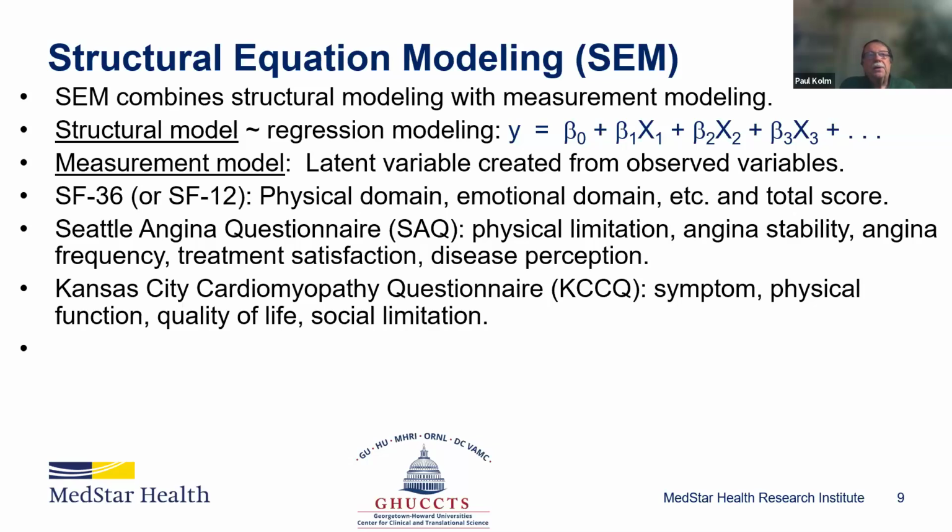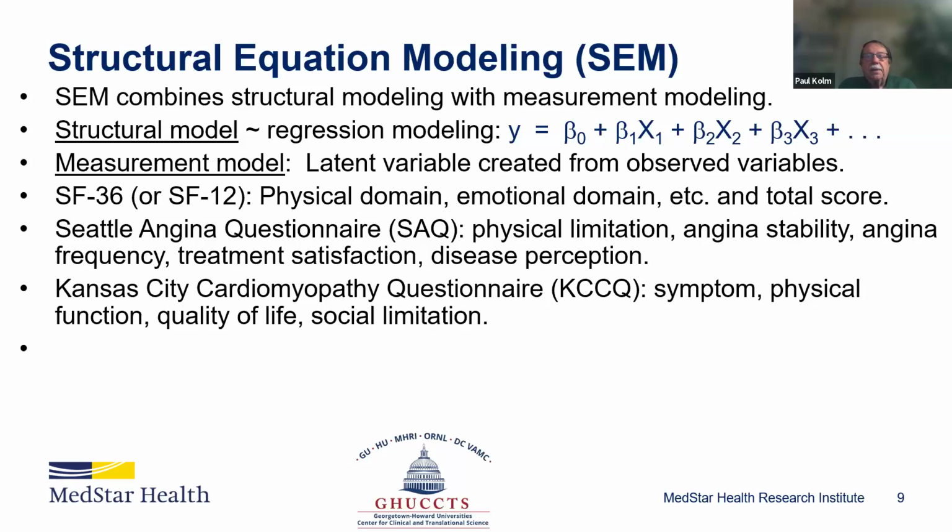And so each of these domains, physical domain, emotional domain, so on, is what we call a latent variable. That is, there are particular observed variables that go into comprising this latent variable. And another example is the cardiovascular questionnaires, the SAQ and the KCCQ, that have different domains, like for the SAQ, physical limitation, angina stability, and so on.